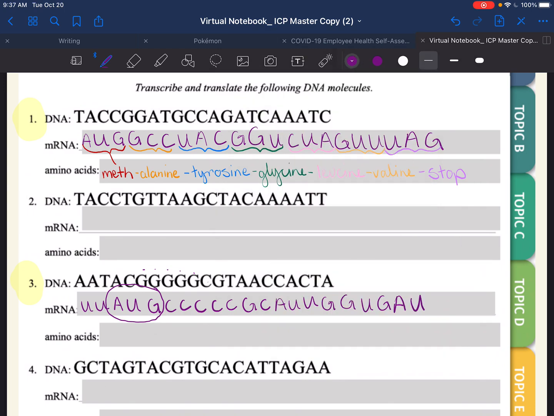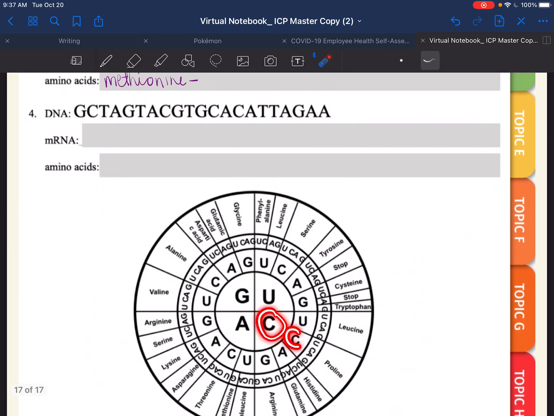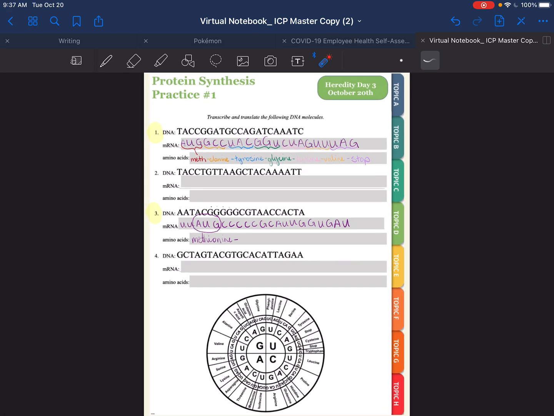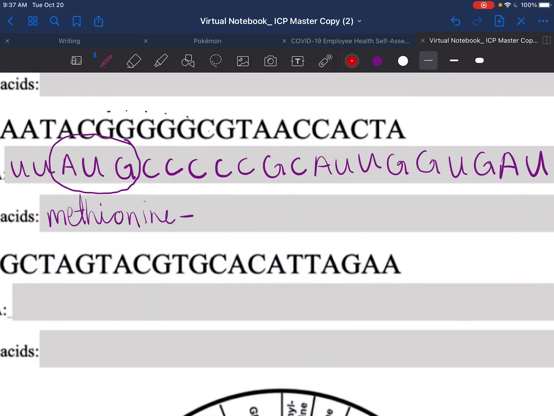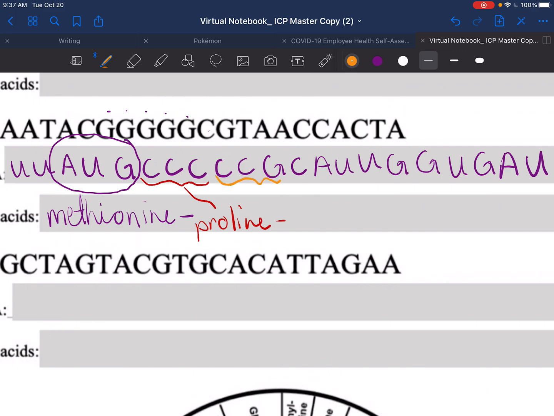All right. First we have methionine. Now what's next? CCC. CCC is proline. Why did I just zoom out so far? My next amino acid is coded for by CCG.